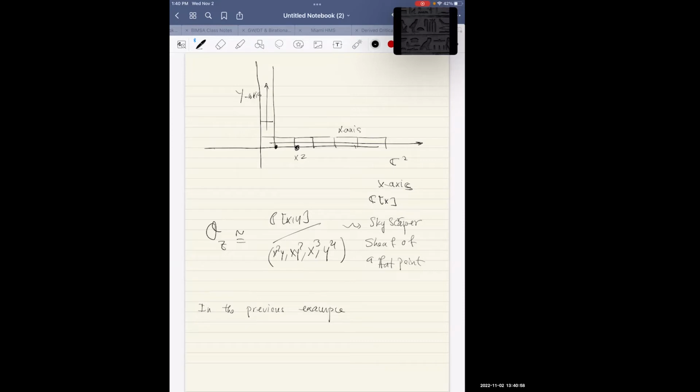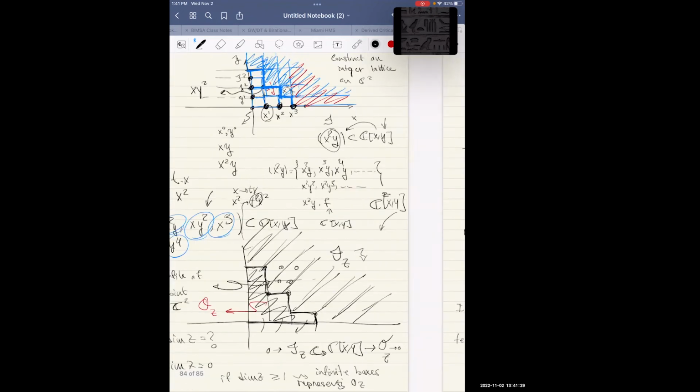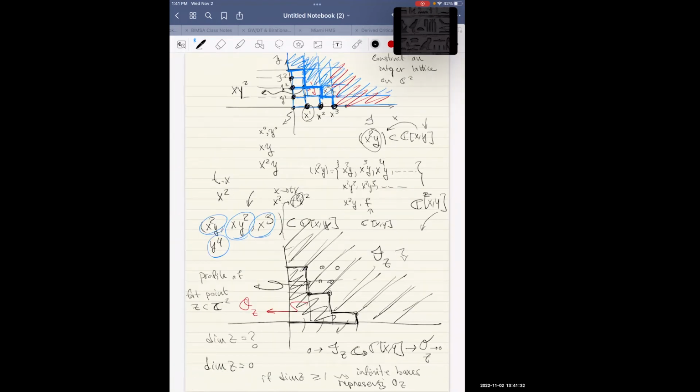Sorry, let me actually do this thing because this is going to bother us. Okay, so in the previous example, the number of boxes tells us about the multiplicity of the point. So it's a fat point of whatever multiplicity it is. You need to count how many boxes you have here: 1, 2, 3, 4, 5, 6, 7. For instance, multiplicity 7.